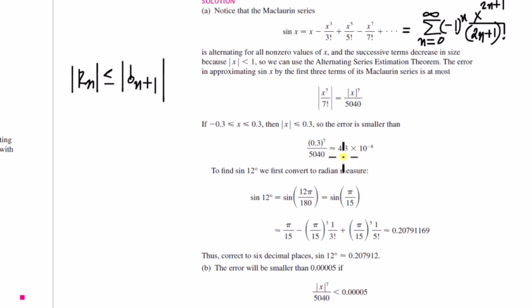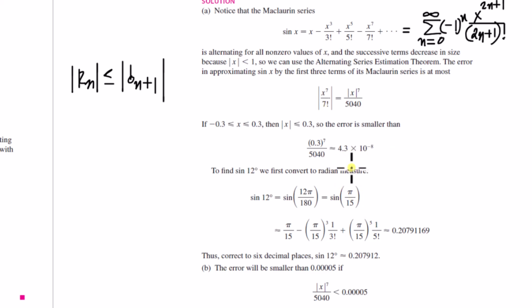So we don't need to use a larger n value for the polynomial. We can get that 0.00005 accuracy with the current Taylor polynomial that we have. And in fact, since it's less strict, we can see that the x value interval, the minus 0.3 to 0.3, is going to increase because we don't have to be this accurate.